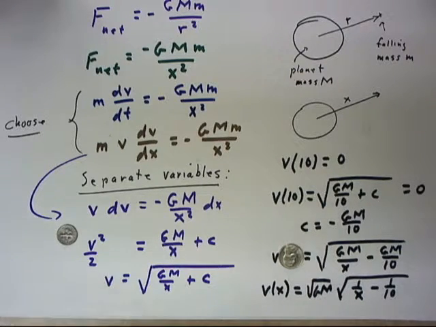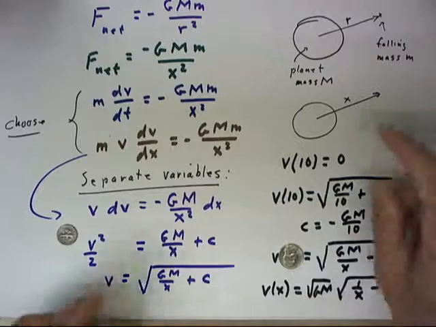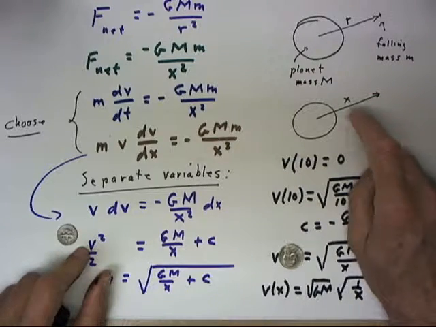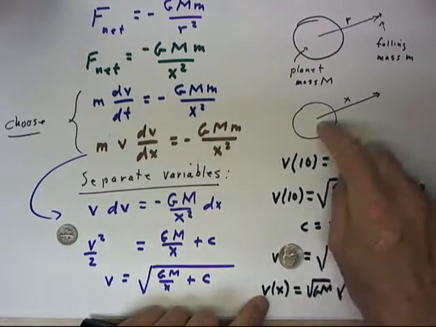With this function, we could answer the question of how fast this object is moving when it's a given distance from the planet.